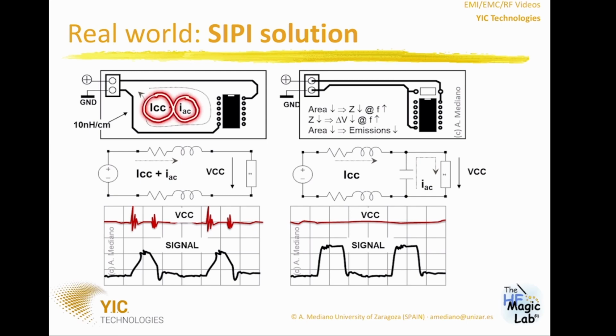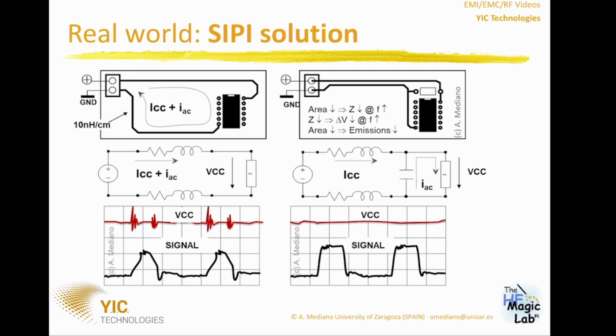AC means we have frequency. In the path from the power supply to the component, we have parasitic effects. Mainly, we have a resistive effect and we have an inductive effect. Usually, the most important effect in this connection is the inductive effect. Obviously, you have a capacitance from one wire to the other wire, but the most important effect is the inductance.